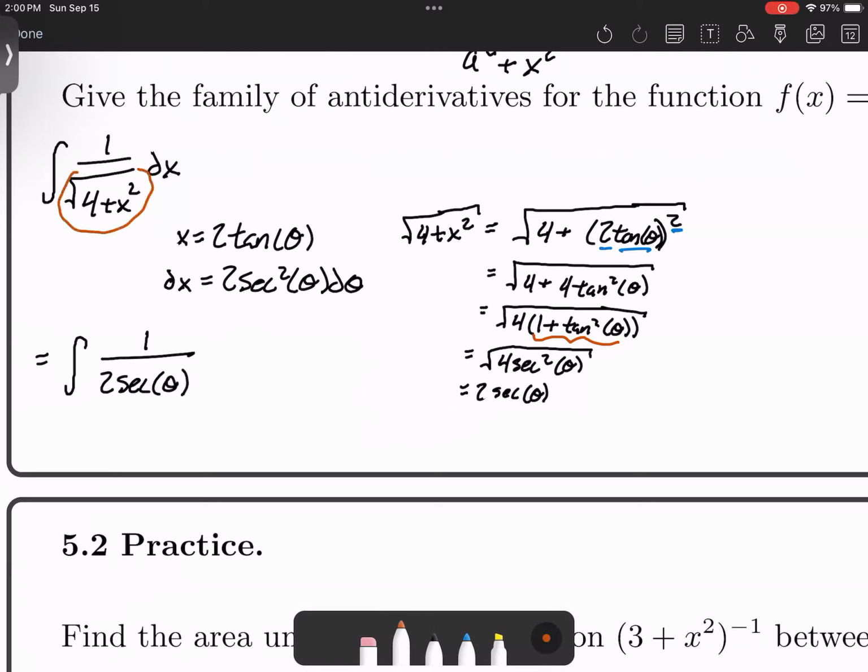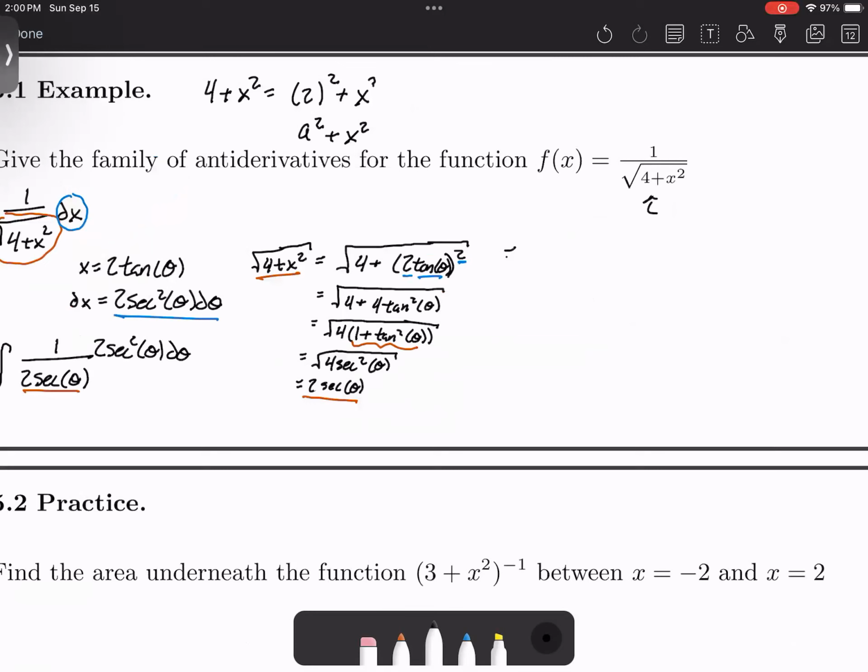So the square root of 4 plus x squared is replaced with 2 secant of theta. Now we have to replace this dx. The dx is replaced with 2 secant squared theta d theta.